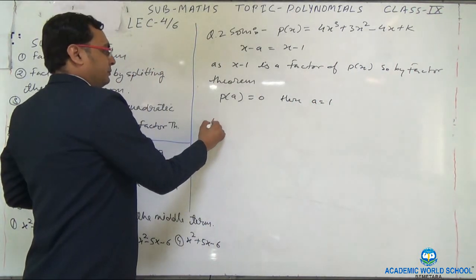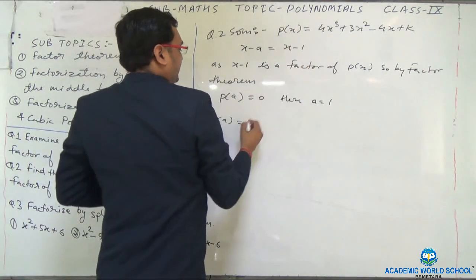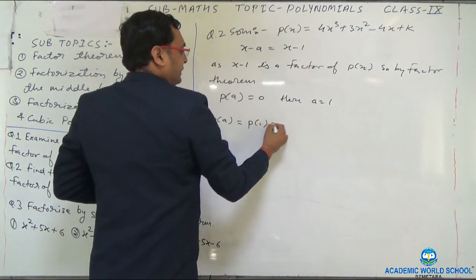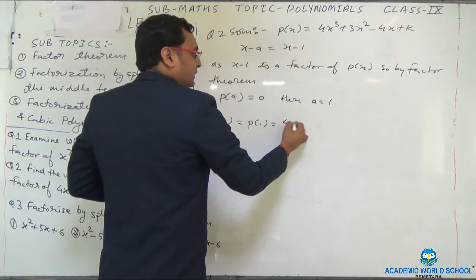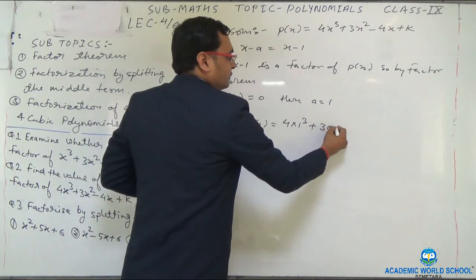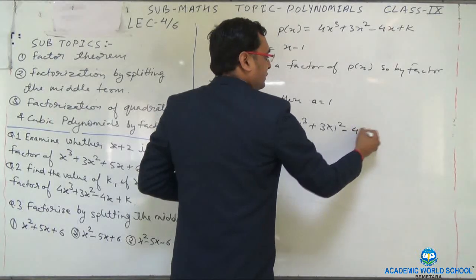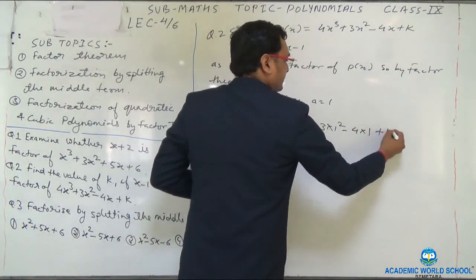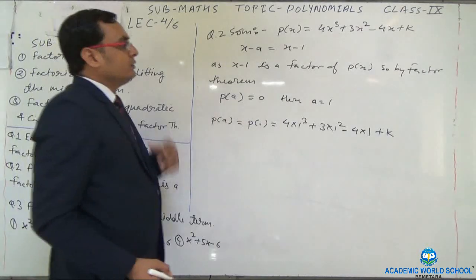So p(a) will be p(1), and at the place of x here we will put 1. So 4 into 1 cube plus 3 into 1 square minus 4 into 1 plus k, and this remainder will be equal to 0.